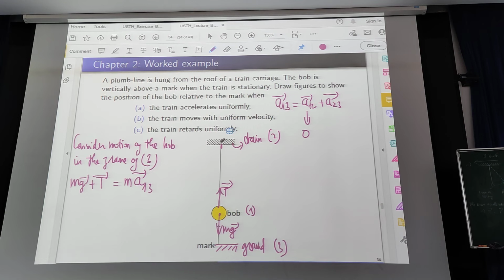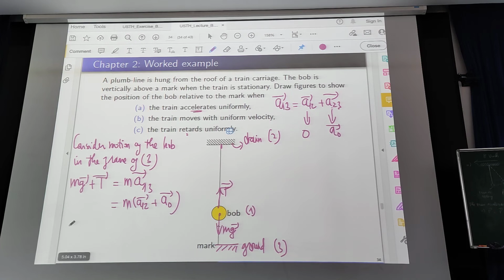So 0. And A23 is the acceleration of the train with respect to the ground. So this is A0, which I denoted before. Agree? So I plug this into here. So it's m times A12 plus A0. A0 is the acceleration of the frame, of the train. Agree?